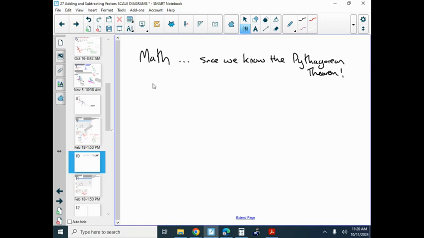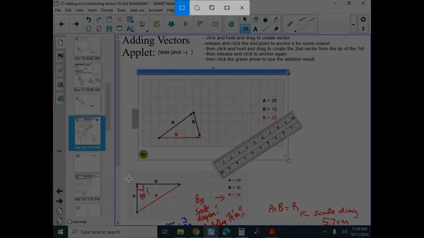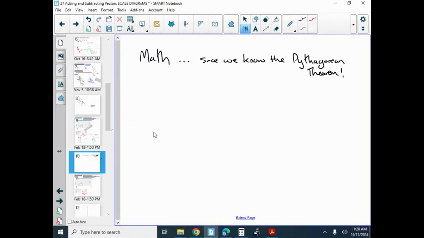So let's do a screenshot of that triangle to make it easy to describe here. And so obviously we have a right triangle.